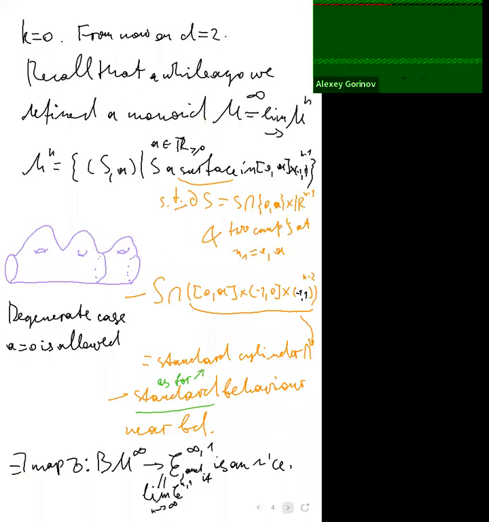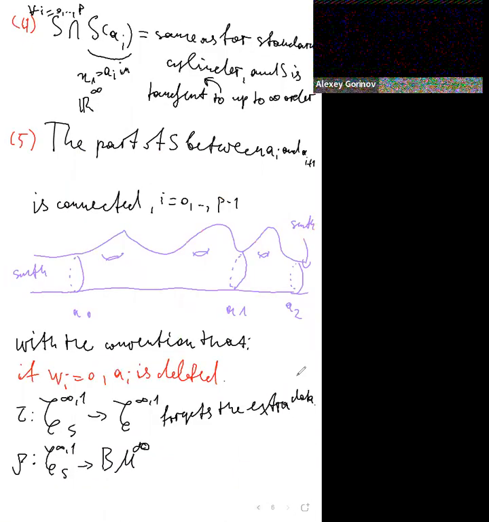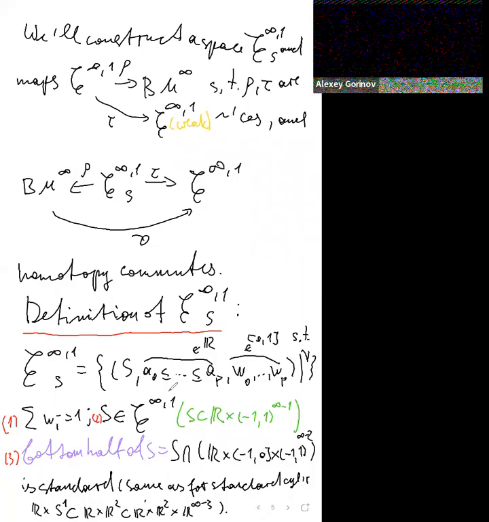What do we do? And some numbers. Elements of Bm infinity are tuples of elements of M infinity plus some numbers. Well, the numbers we have them: W0, etc., WP.